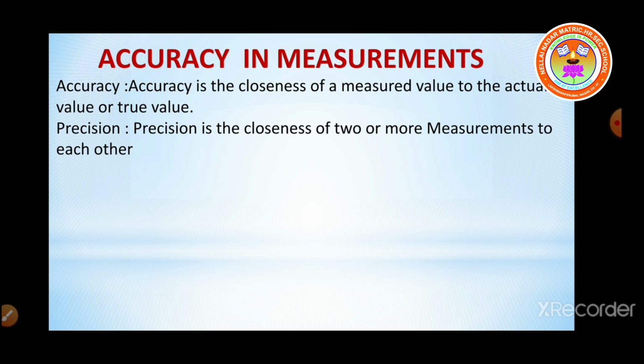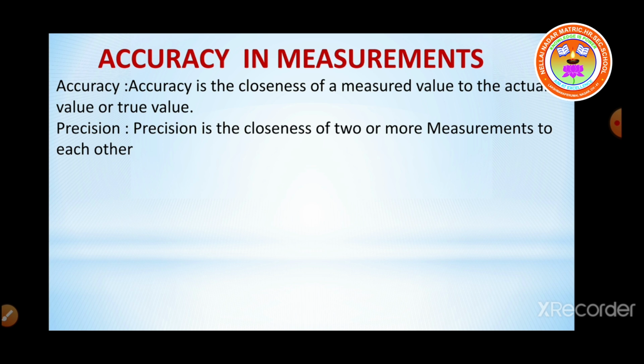So we have to measure something. For example, we can measure the length of a textbook, or the length of our notebook. We use a scale for that. Based on how the observer takes the readings, we get the values.